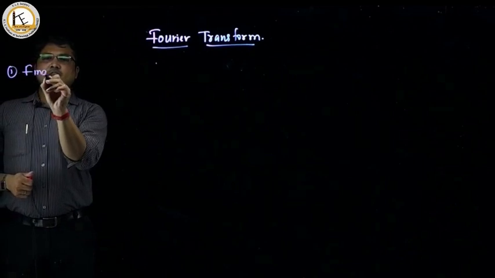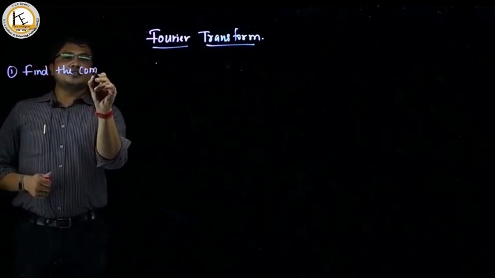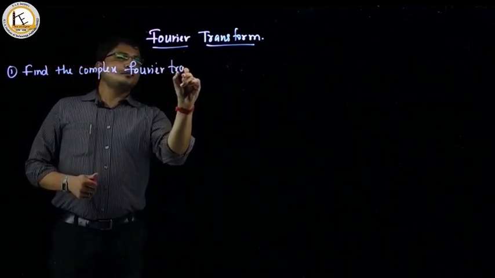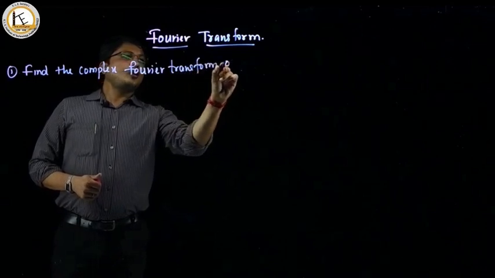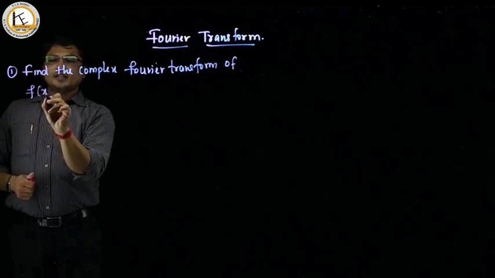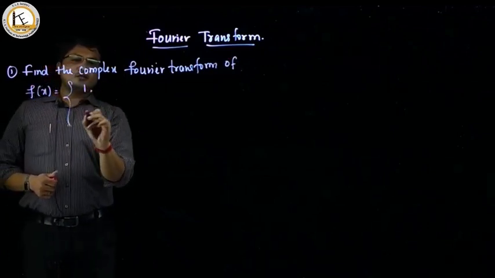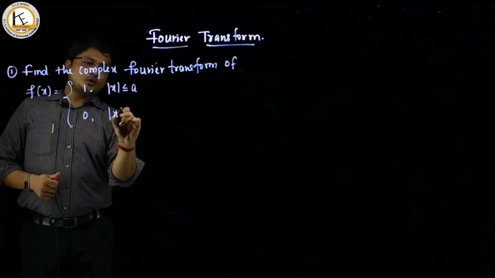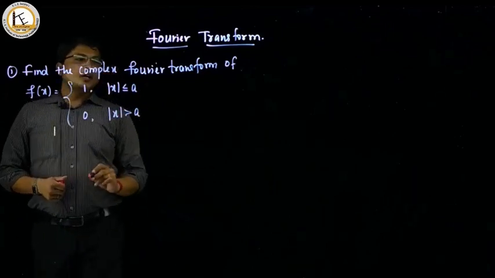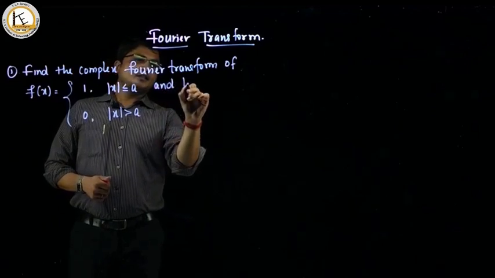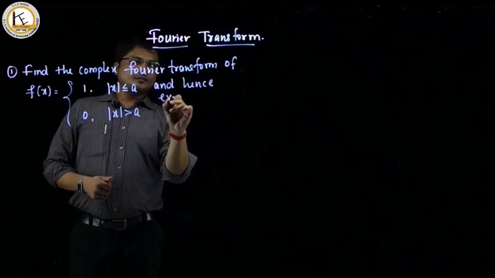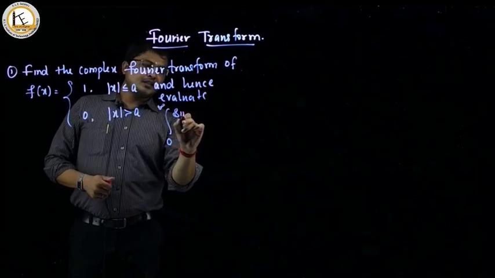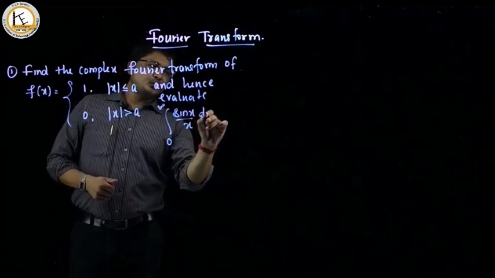Find the complex Fourier transform of the function f of x is equal to, it is defined as 1 for mod of x less than or equal to a, and it is 0 for mod of x greater than a, and hence evaluate integral 0 to infinity sin x by x with respect to x.